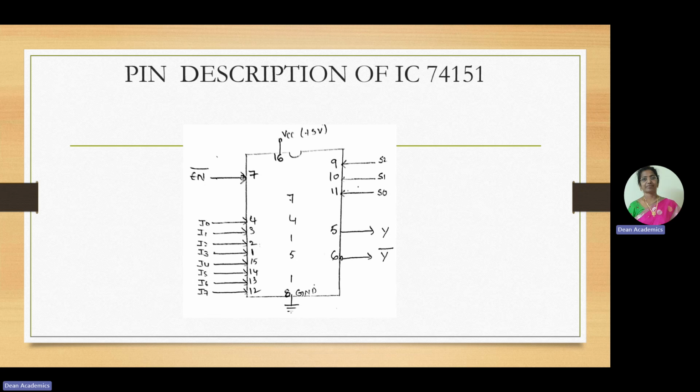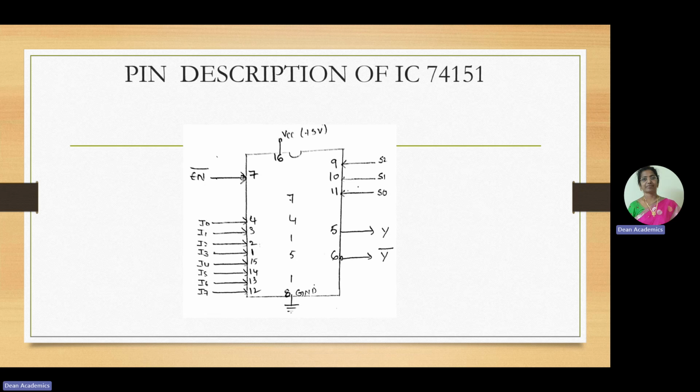And now coming to the input pins, that means data inputs, I7 to I0. Inputs I7 to I0, 8 pins are required. There are 8 data inputs to the multiplexer.